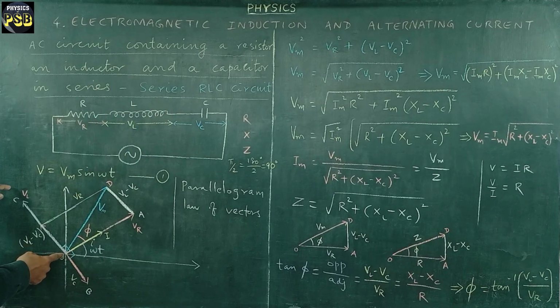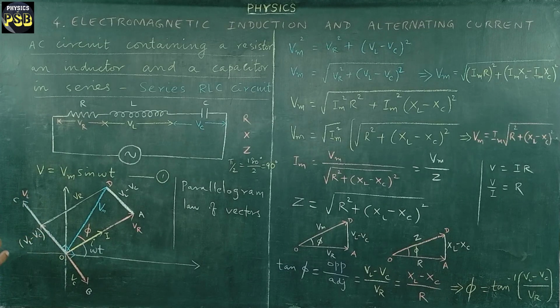We will draw a phasor whose magnitude is more than the phasor which represents VC. So this is what we have done. Now see, OB represents VC, whose length is smaller than phasor OC, which represents VL.